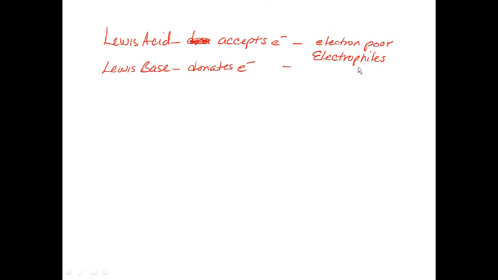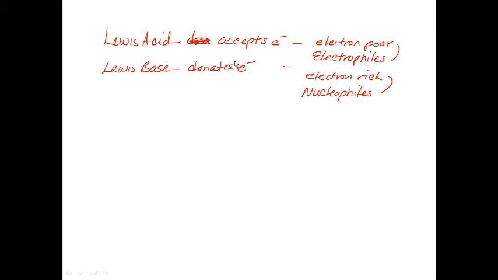So an electrophile wants to accept electrons from something that is willing to donate the electrons, which means it's electron rich, and the electron rich species are called nucleophiles. And so we use electrophile and nucleophile terminology in organic instead of Lewis acid base chemistry.